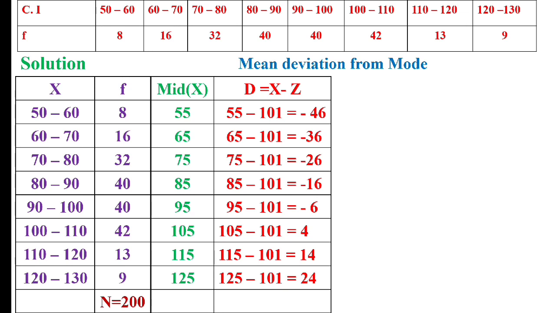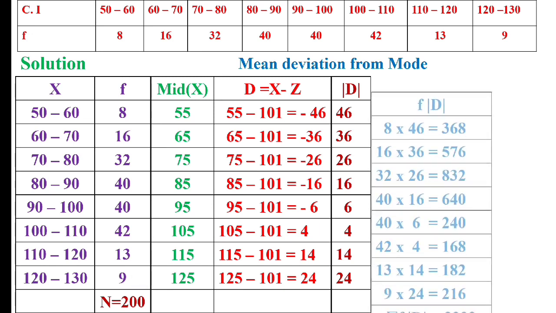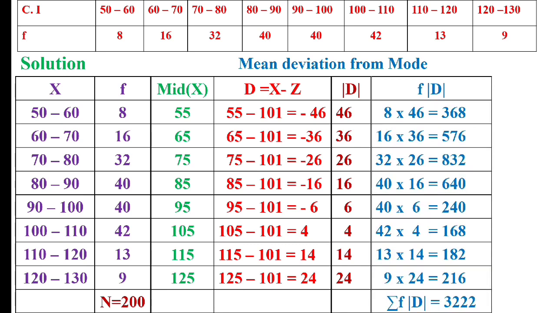Total of F and D values is 3222. Here we can calculate the mean deviation from mode: summation F into D, 3222, which we have calculated.